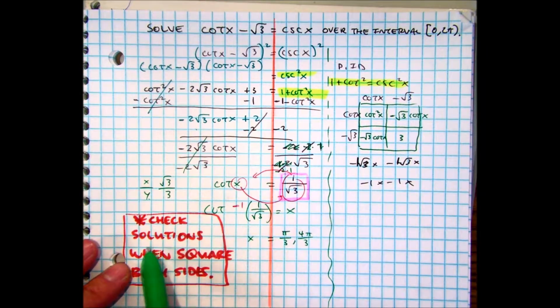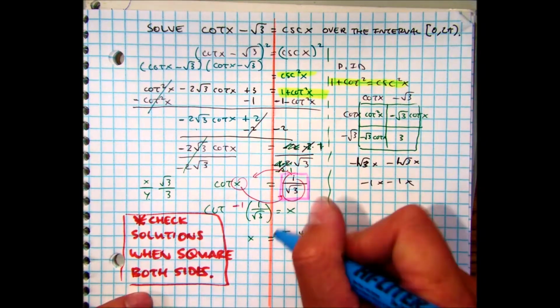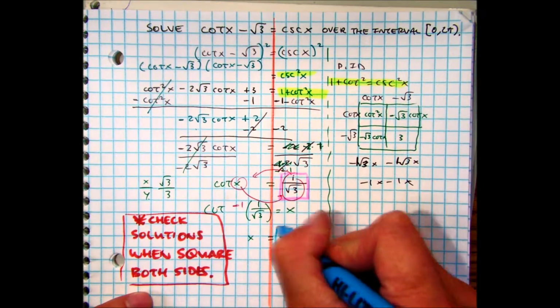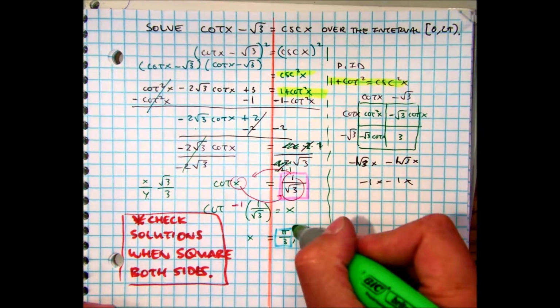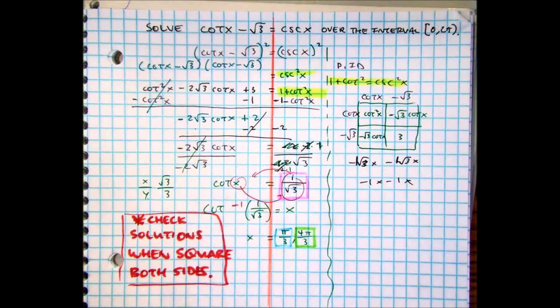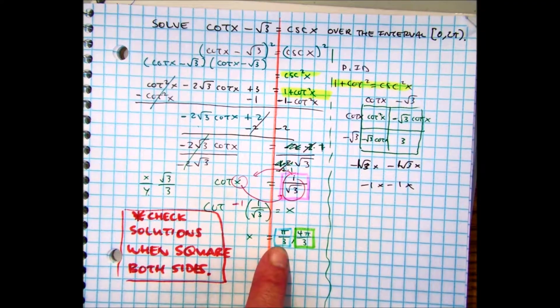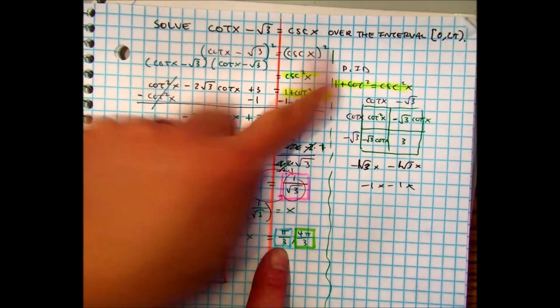Back in Algebra 2 or your Math 5 class, you may have learned about extraneous solutions. So we're going to test pi over 3 and we're also going to test 4 pi over 3. What do I test it with? I have to take this blue and put it back into the original equation.